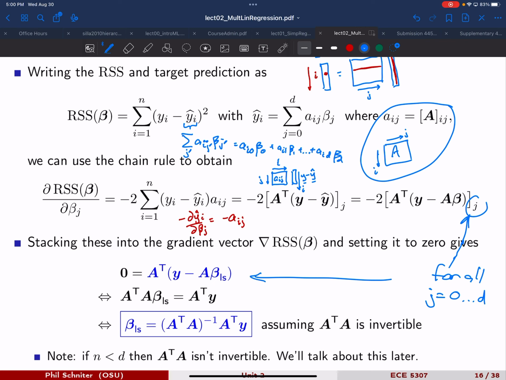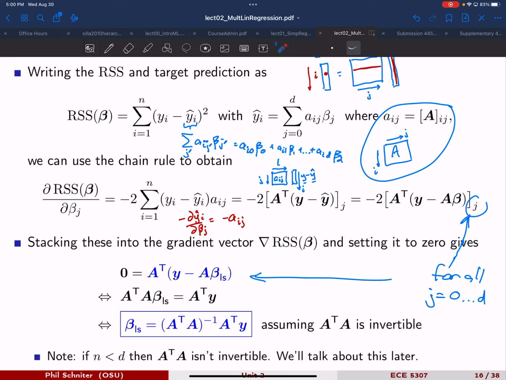And the next step is not too difficult. You just take A transpose Y, leave that on this side, and then you take A transpose A beta, you move that to the other side. And now we have the unknowns on the left side, and we have the unknowns multiplied by this matrix.